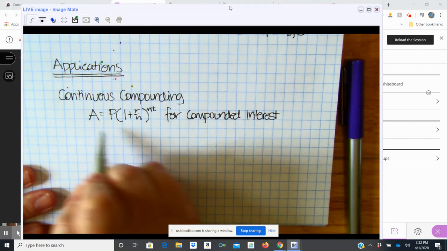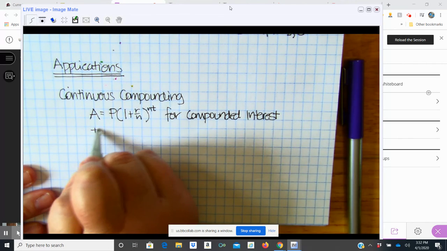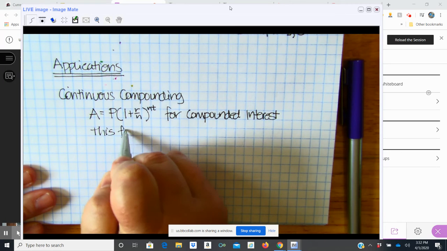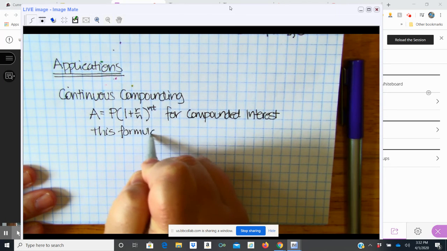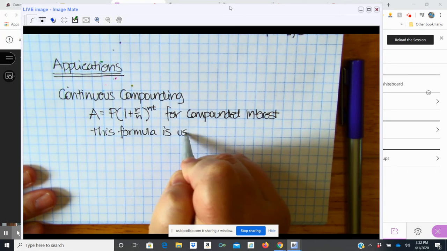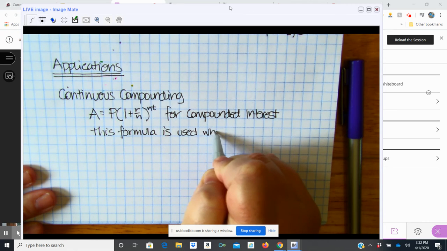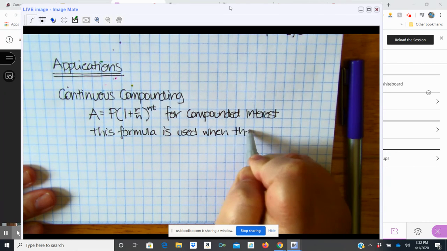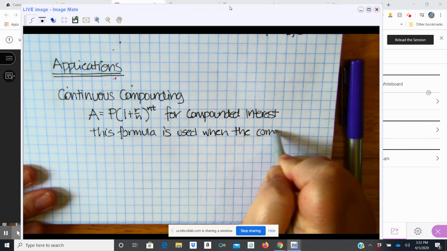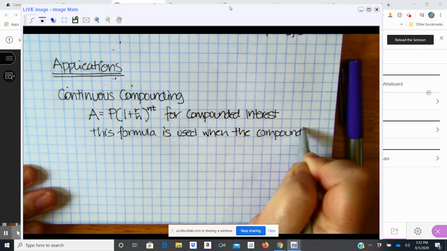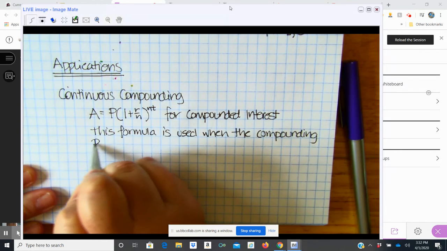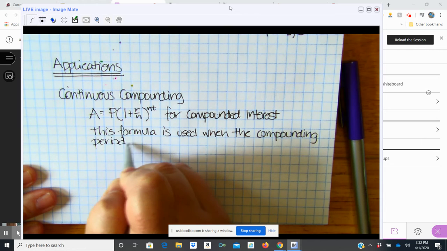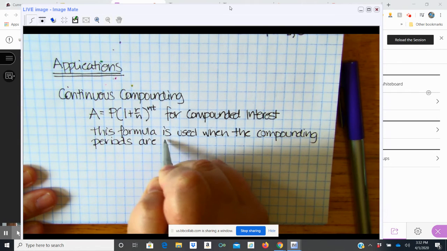This formula is used when the compounding periods are finite.